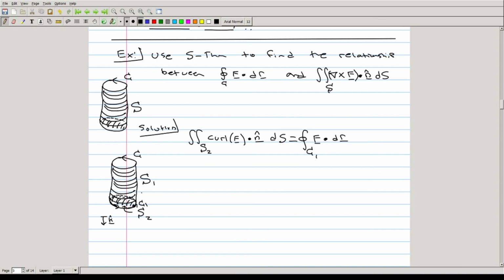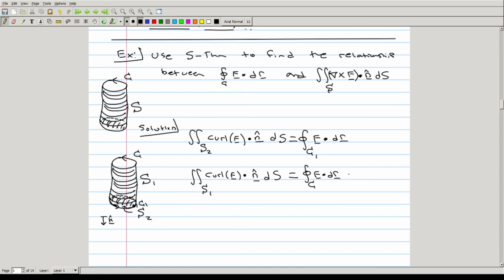Now this one is where it becomes a little bit more tricky. The surface integral over S1, this side cylinder, of the curl of F dotted with n hat is guaranteed to be equal to first the circulation around C. C is closed, but we also have another bounding curve.